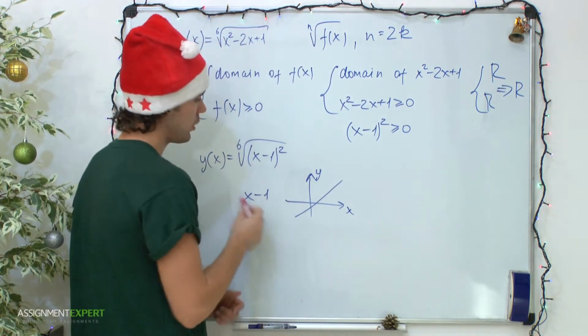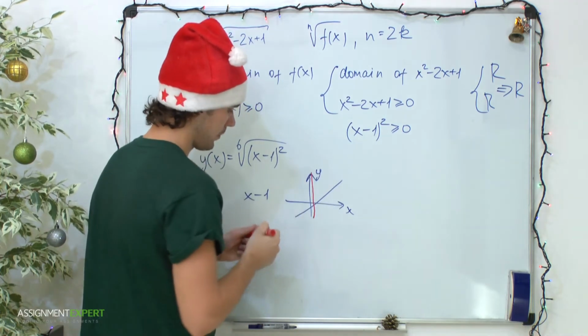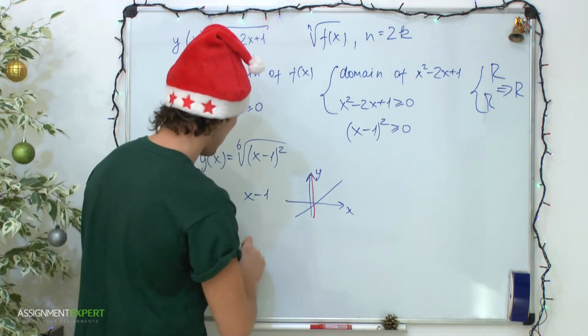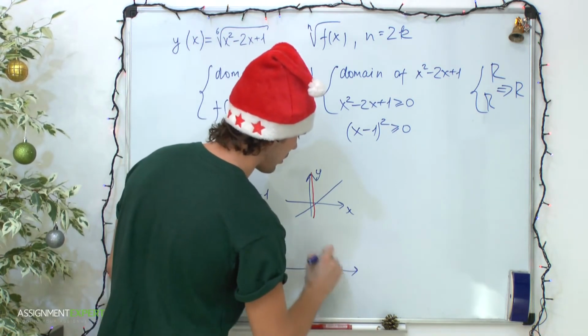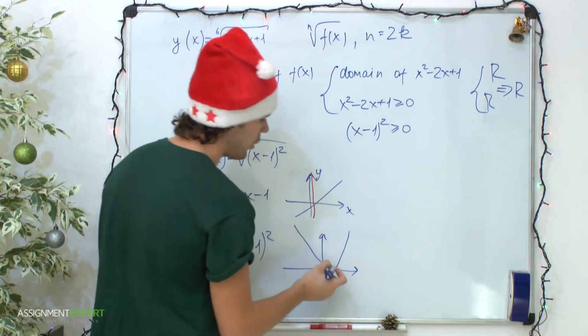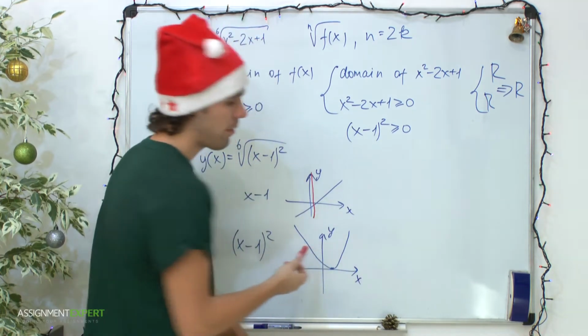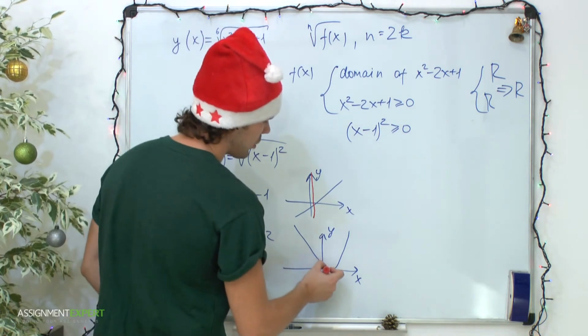As we can see, this function can take any value from negative infinity to infinity. Then we have x minus 1 squared. On the graph, it's a parabola with the vertex on the x-axis. From the graph, it is obvious that this function can take any value from 0 to plus infinity.